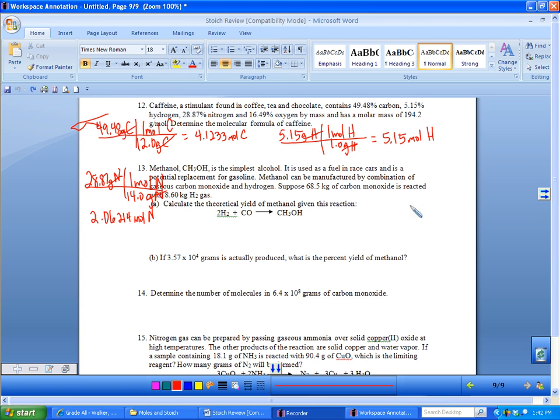And then the last thing I need to do is my oxygen. So it's 16.49 grams of oxygen. And 1 mole of oxygen is 16.0 grams of oxygen. So that gives me 1.0306 moles of oxygen.